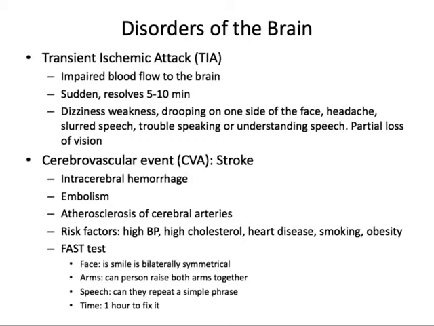So not only is blood not getting around to the brain and bringing oxygen, but you're also having a bleed in there, which causes a buildup of pressure. You can have an embolism, which is a blockage of the artery. Or you can have atherosclerosis. And again, atherosclerosis is when you have a lot of plaque buildup inside the blood vessel, and it makes the interior of the blood vessel smaller and smaller, and so less and less blood can get through.